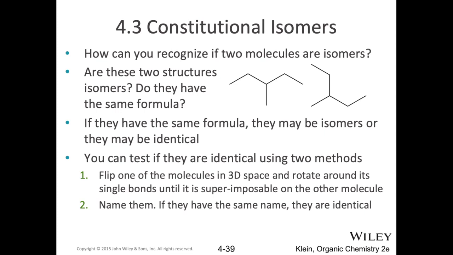What makes this a little bit easier is working with a 3D model. If you build a model of this molecule and start twisting around these carbon-carbon bonds, you can recreate the other version of this molecule and sort of prove, oh, these are the same thing. Okay, but like I said, without a model kit in front of you, the option is to also just name them.